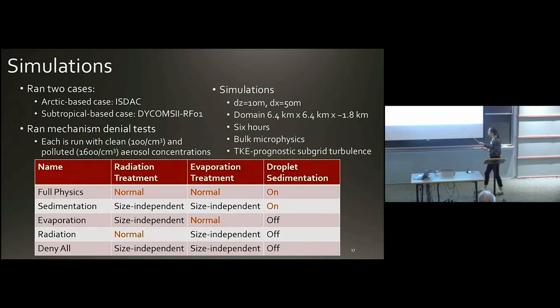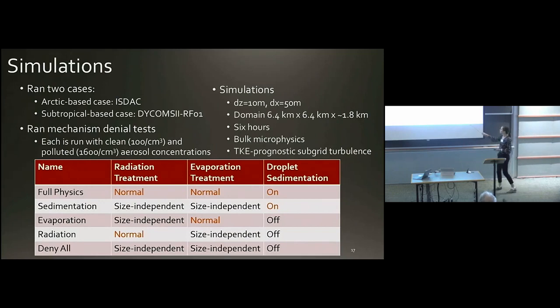And then one at a time, I only allow one of these three feedback mechanisms that I just discussed to actually operate. So when I'm talking about sedimentation results today, I'm talking about these simulations where I've gone into the model code and made the radiation treatment independent of size. I've made the condensation and evaporation independent of the droplet size.